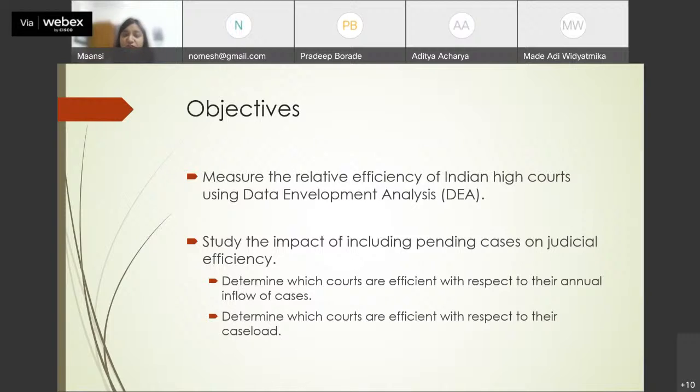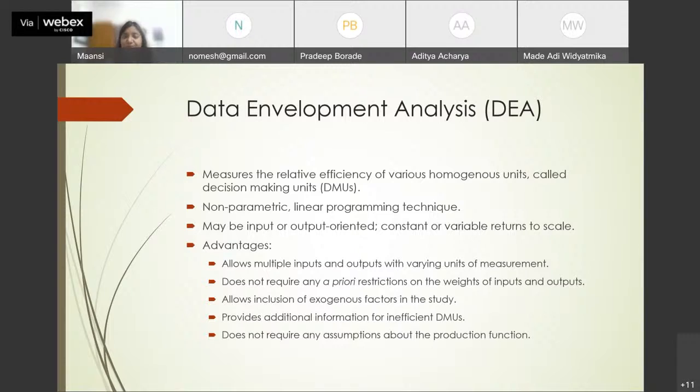The total caseload is basically your pendency at the beginning of the year, the cases that are pending at the beginning of the duration that you're studying, and the cases that are instituted during the period of study. It's basically a summation of both of them, and they represent the overall workload or caseload of the judges.